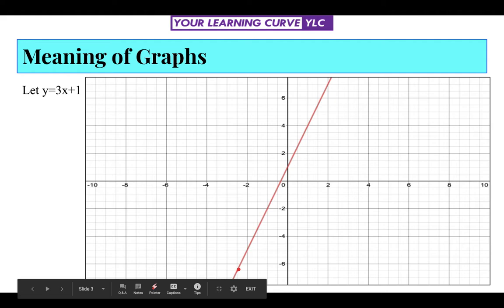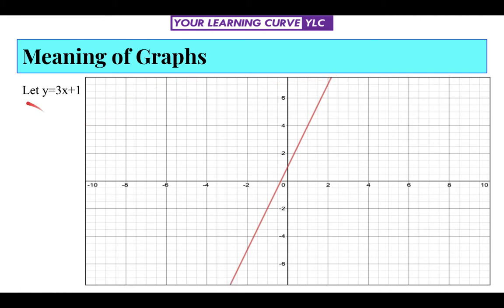Any point lying on this line from minus infinity to plus infinity is a point which satisfies this equation. That is, you take a point on this line, get the x coordinate and get the y coordinate for that point. Those two coordinates will satisfy this equation. This is called the graph of this function.